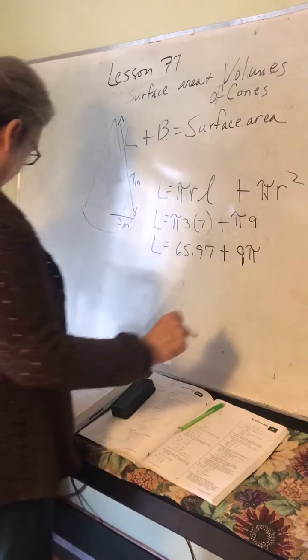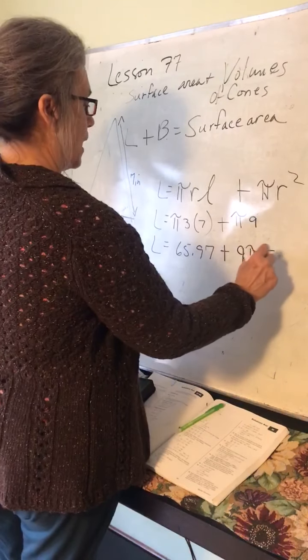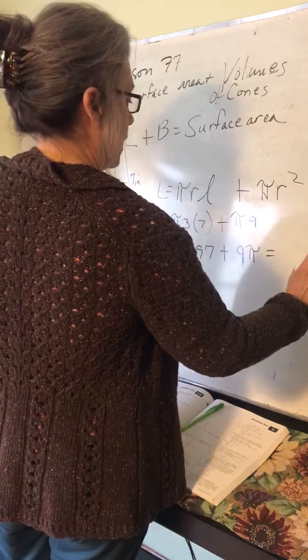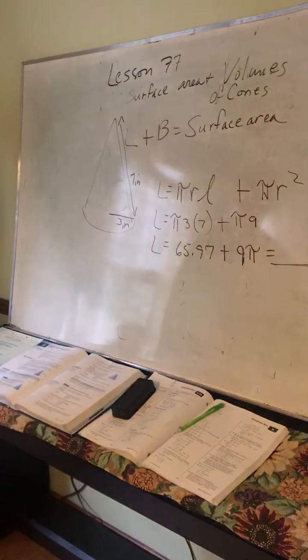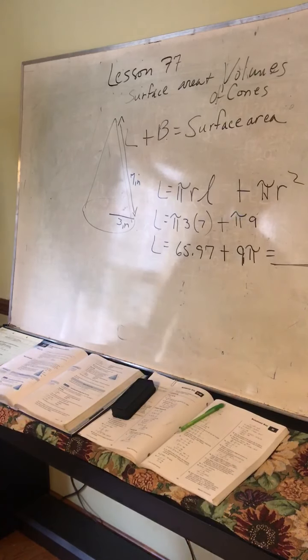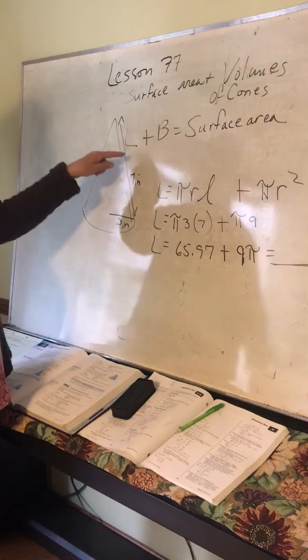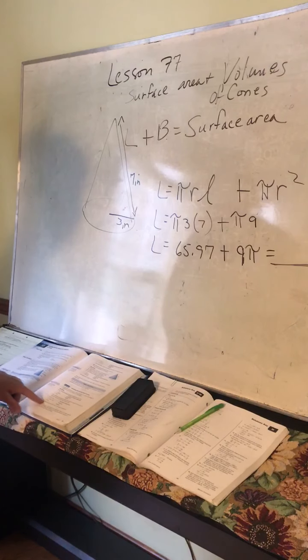I'm not sure. I'm not doing this one. I'll do another one that's from the book. Whatever that ends up being, that would be your inches squared, and that would be your surface area, because remember, it's the lateral area, which excludes the base, plus the area of the base.